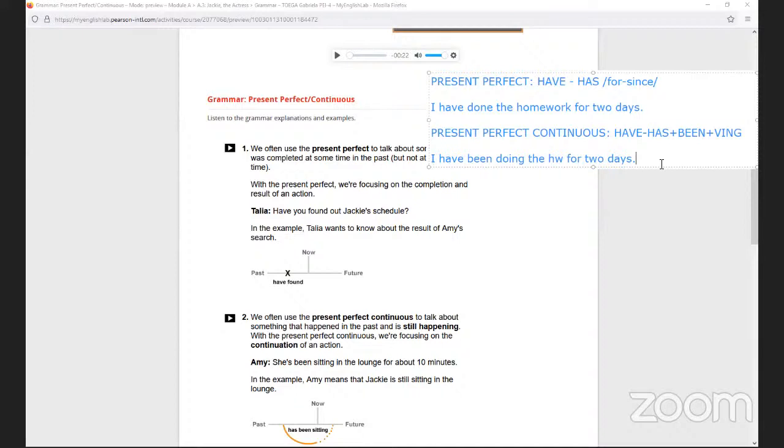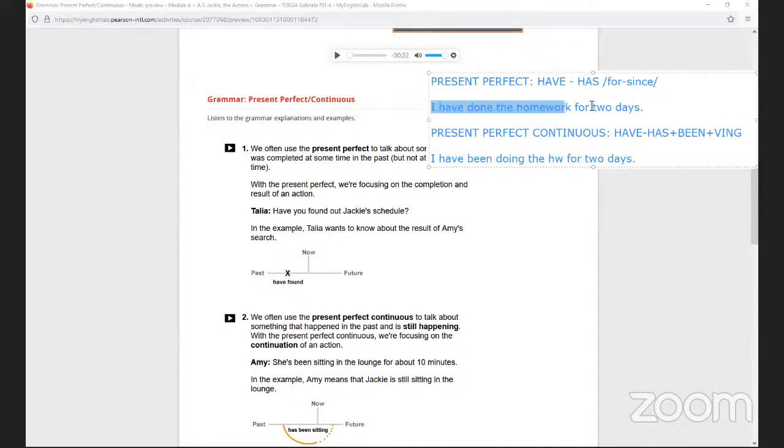Okay, yeah, it's okay. But for example, we are using a specific time, 2 days, and here it says 2 days. So now here we go, the explanation. This is different from this. Why?